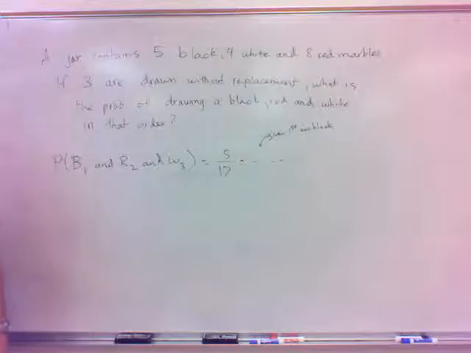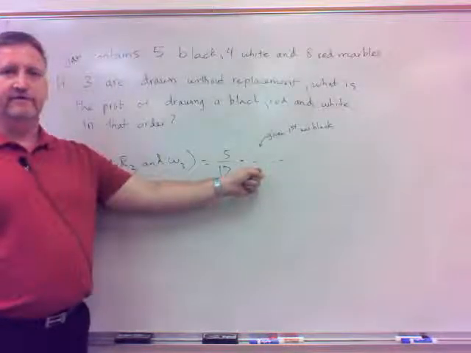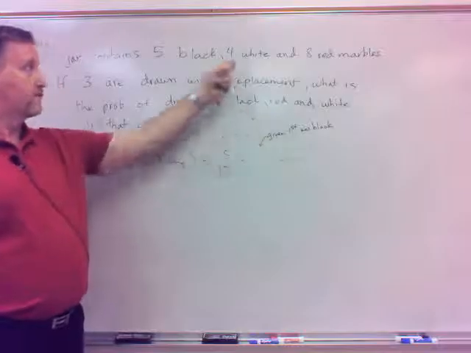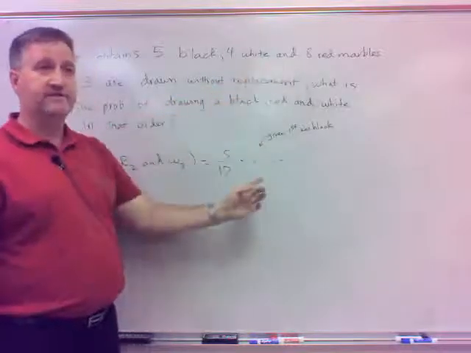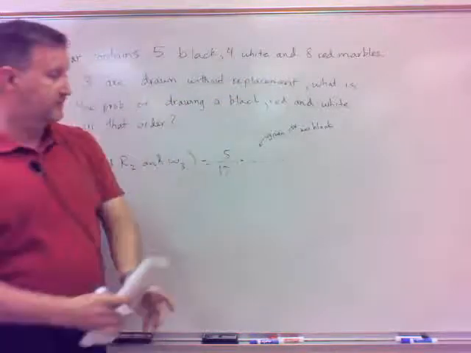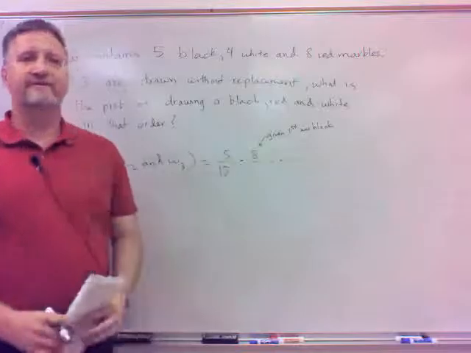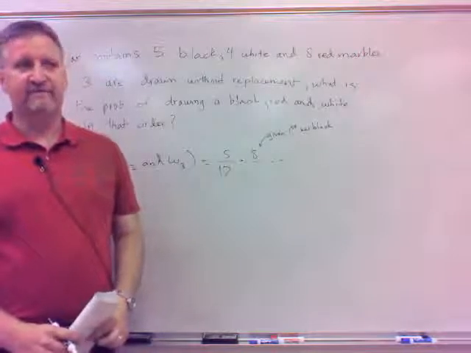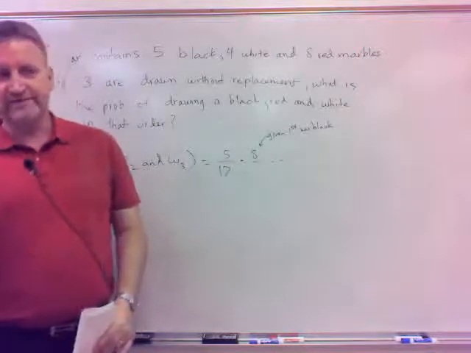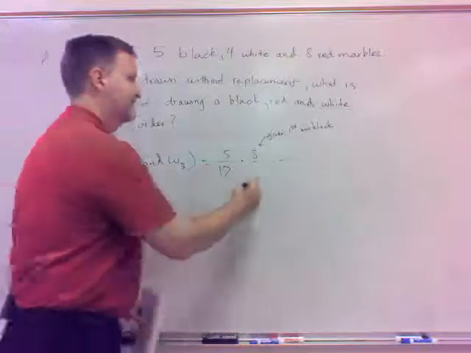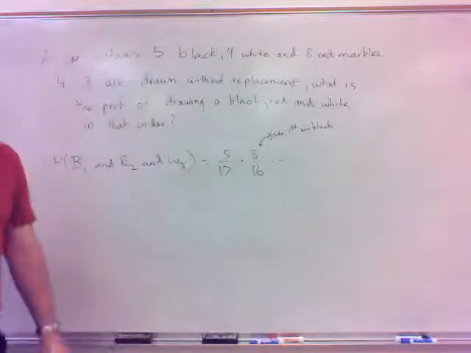So we drew it and it was a black. We didn't replace it. So what's the probability that it's red here? 8. There's 8 reds still because I drew a black. Out of how many though? Out of 16. Because I did draw black, so one less marble is in there. 16. With me?